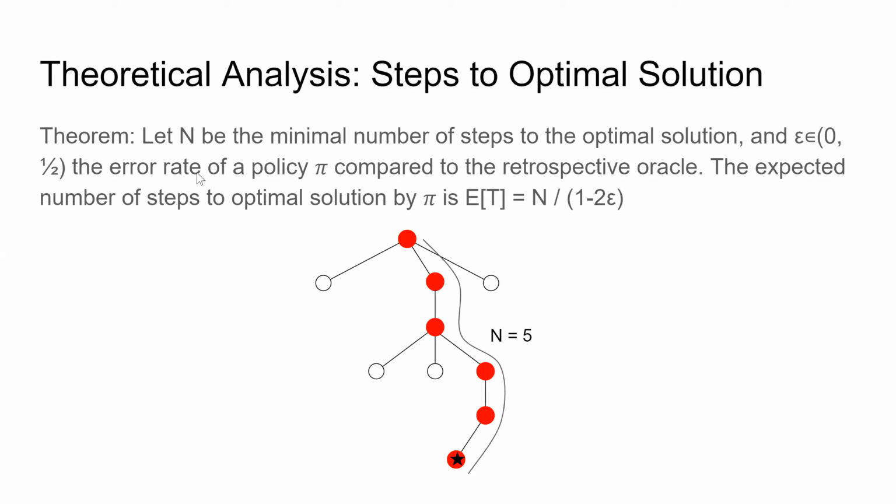Then given those two statistics, I can make the claim that the expected number of steps to the optimal solution is n divided by 1 minus 2 times epsilon. Here, notice epsilon needs to be at most half to make this bound meaningful. Also, I should point out this bound is in expectation.